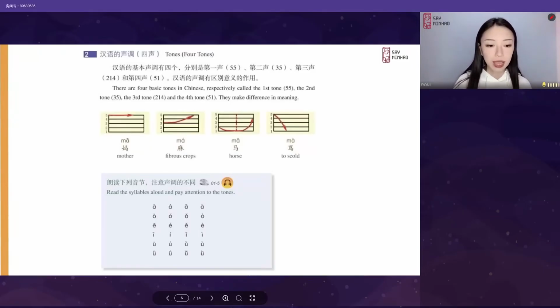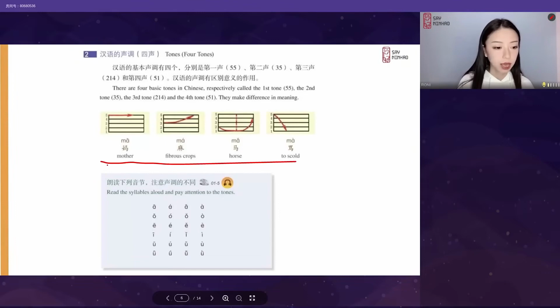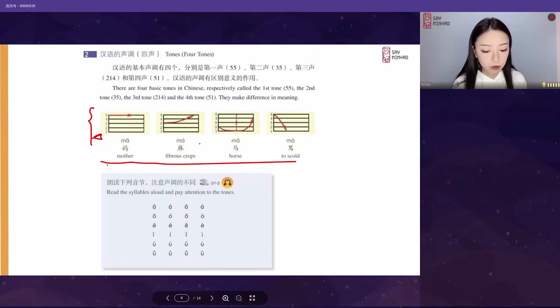And as we can see, here are four examples for ma. First, we can see here are 5 lines. In each pinyin, there are 5 lines here, which means 5 pitches, from the first pitch to 5th, from the lowest to the highest.